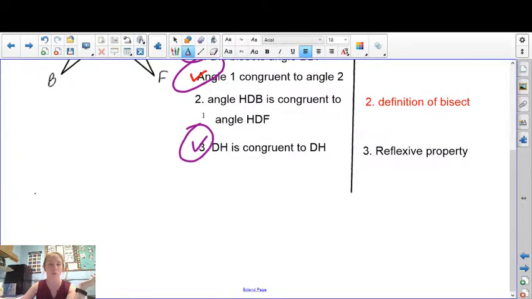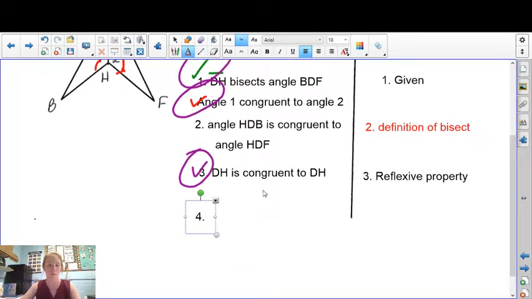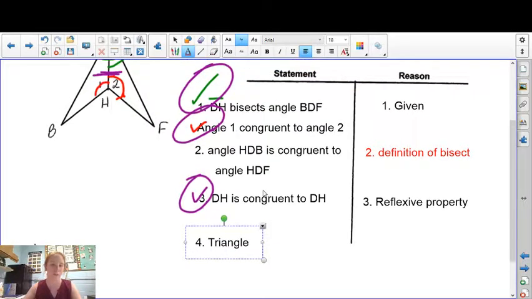So on number 4, we're going to say triangle. Let's go with the left one first.